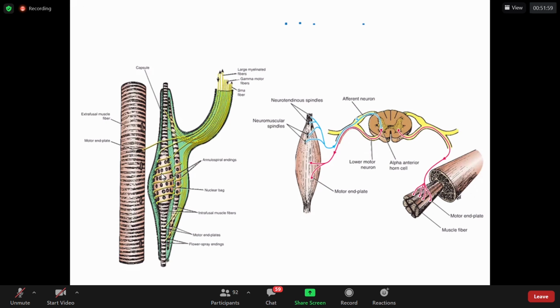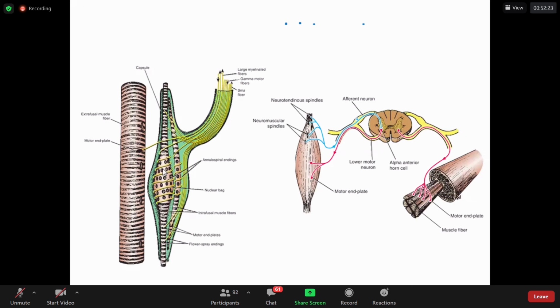Annulospiral, you can understand, annulo means circular, annular means ring, and spiral means spirally. So these sensory endings are actually taking information from the equatorial region, and they are arranged like spirals. That's why the name is annulospiral endings.